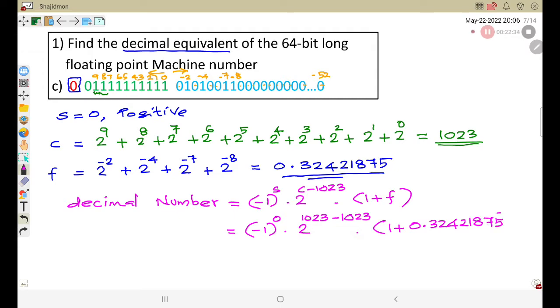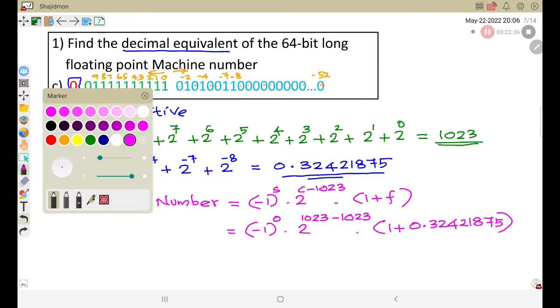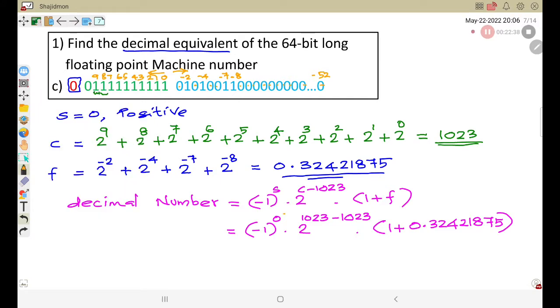0.32421875. Okay. Now before entering the calculator, I told you minus 1 power 0 means nothing, the number is just positive. Correct? The number should be positive. So for the remaining terms you can enter them in your calculator and check the number.